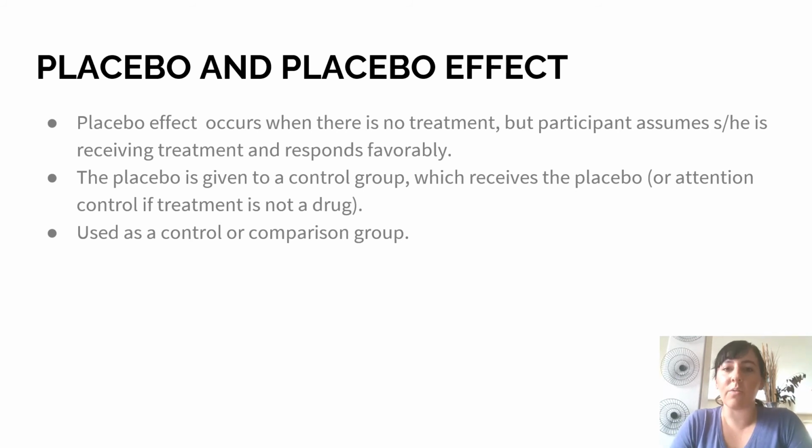But just in case you're not quite sure, the placebo effect occurs when there's no treatment provided to one group. This group that doesn't actually get the treatment is going to be the control group, the comparison group.